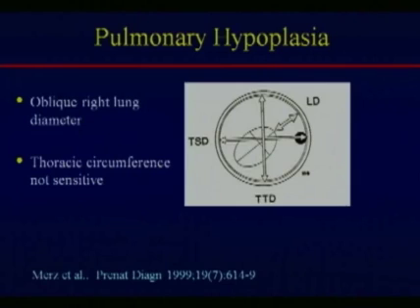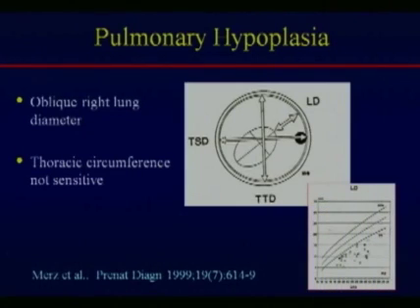This is simply one measure of pulmonary hypoplasia using a right lung diameter, and I just wanted to point out that at least in this study, the internal measure of the lung itself was superior to the thoracic circumference in being able to diagnose these conditions of pulmonary hypoplasia.